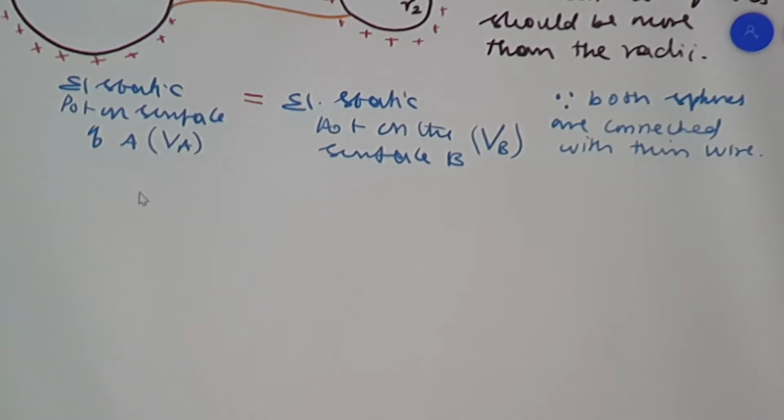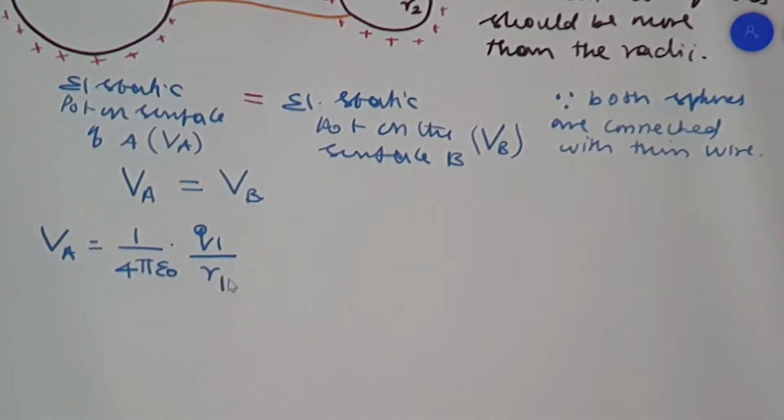So how can I write this? Mathematically, VA is equal to VB. What is VA? The potential on the surface of sphere A is VA equal to 1 divided by 4 pi epsilon 0 into Q1 divided by R1, where R1 is the distance from the center to the surface.